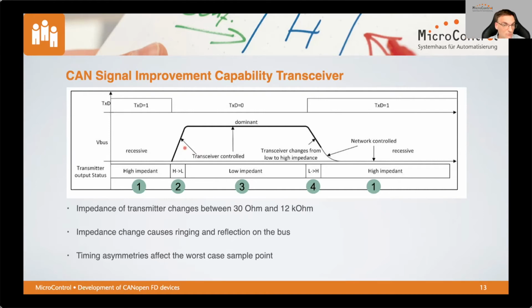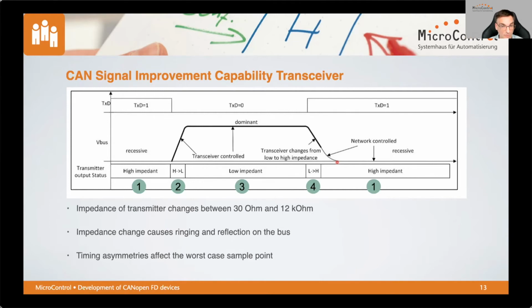That's the reason why I also mentioned with challenge number 1, have a closer look at the specification, especially the CiA 601 series, which tells you about the background of signal improvement capability transceivers. Also, an important point is the slew rate of the transceivers when switching from recessive to dominant level and back from dominant to recessive. With standard transceivers, there are much higher asymmetries in these timings.